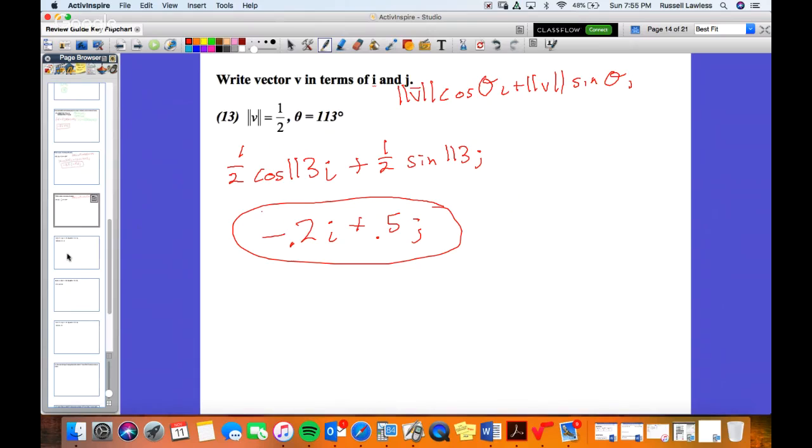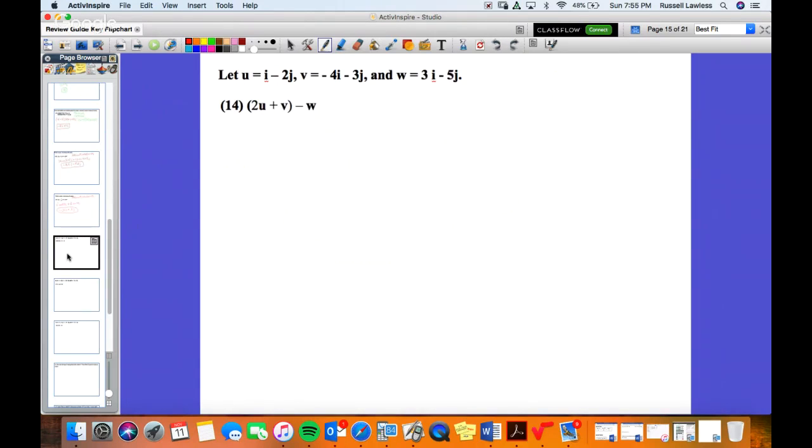All right. Now I have a couple of vector operation problems for us to look at. For these vector operations, essentially you have vector u, vector v, and vector w. All these essentially are given to us. These aren't the standard, so vector u isn't always i minus 2j. I'm just assigning values.